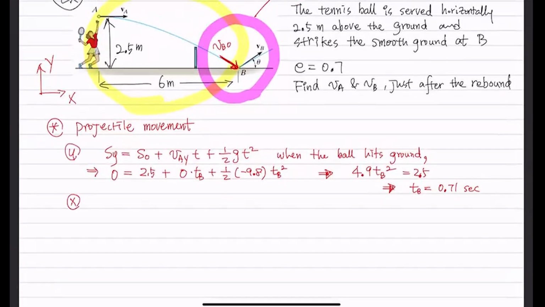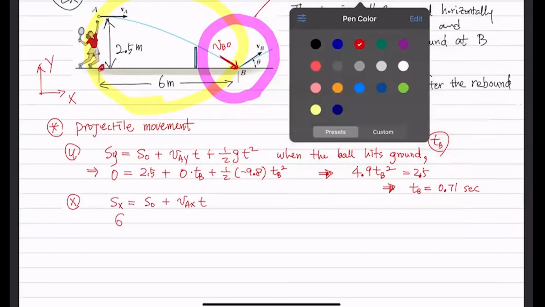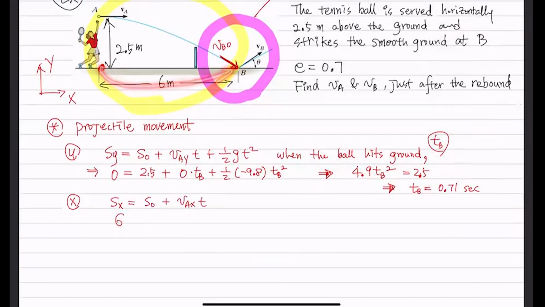And that was the y direction. And what about the x direction? The x displacement is S naught plus VAx times t. And when it hits the ground, this is going to be 6 because it was here. We can call that 0, and it flew for 6 meters, right?